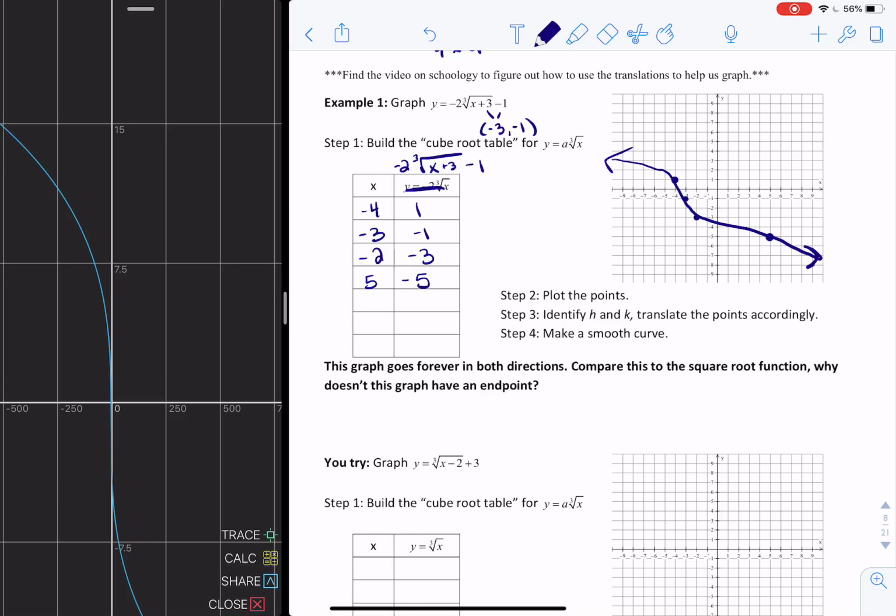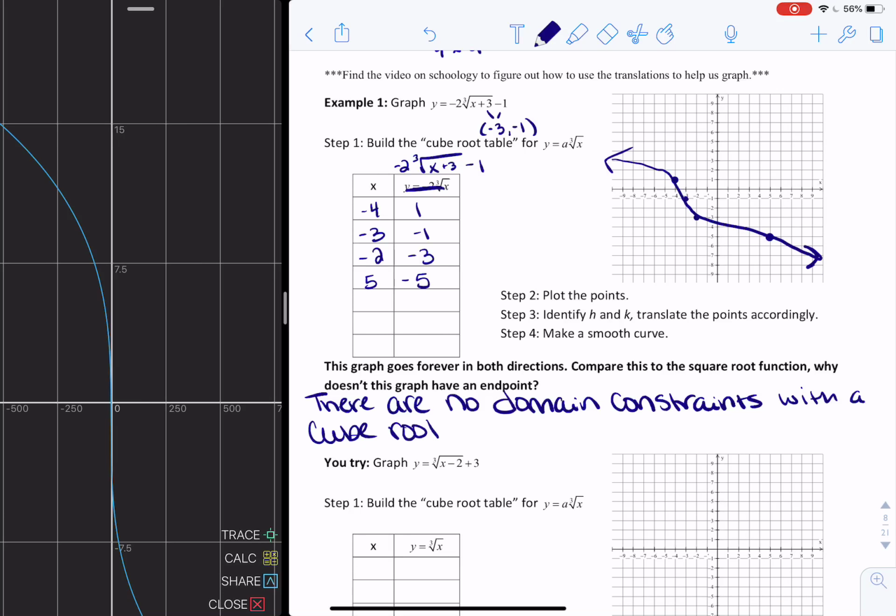So we can write that in a formal way by saying there are no domain constraints with a cube root, because you can graph a cube root of a negative number.